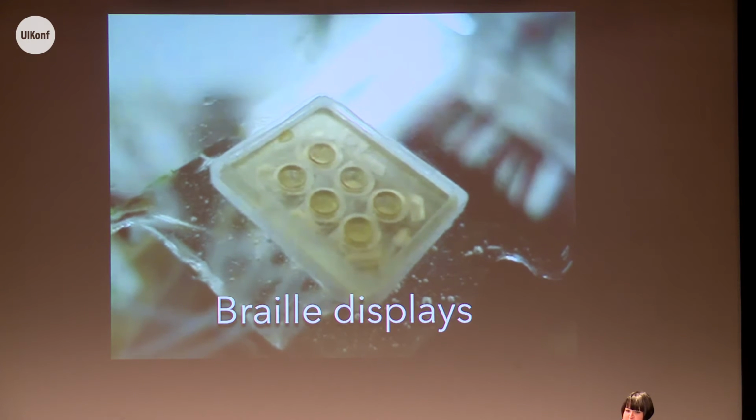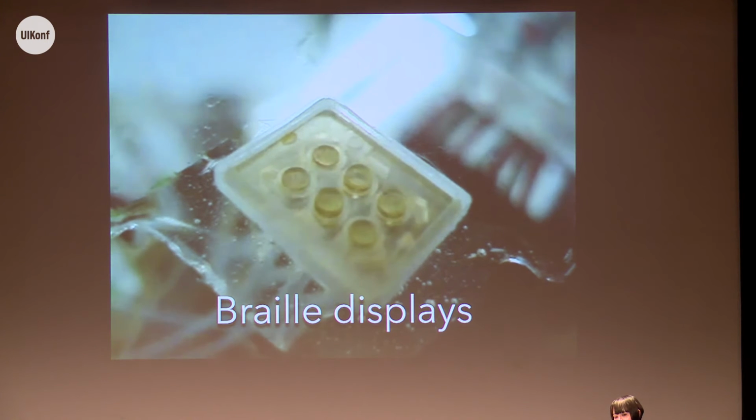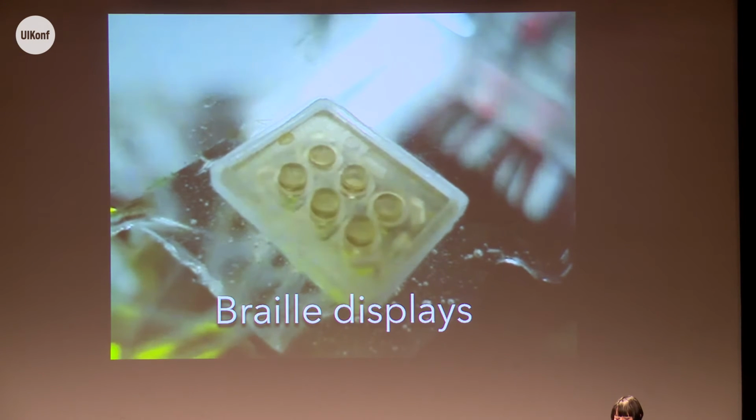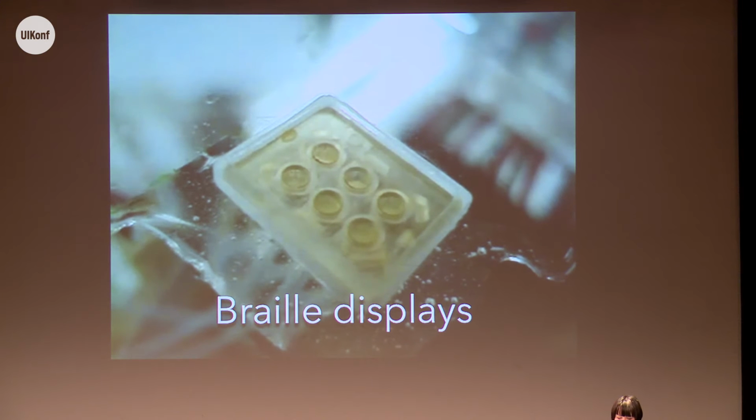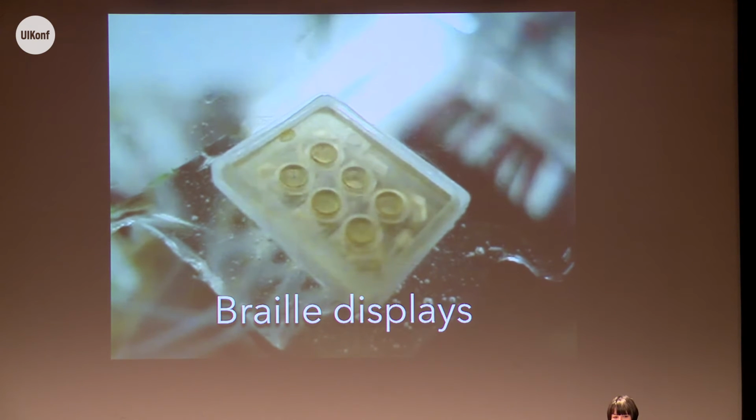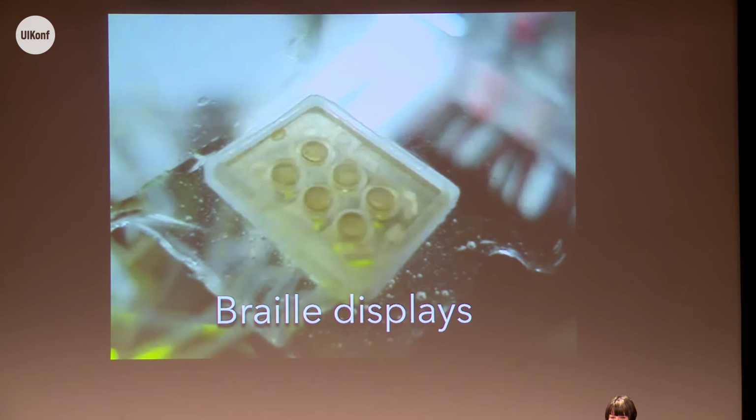Along with VoiceOver, people also use Braille displays. I don't know how many of you know about these, but they're very cool, and it's actually refreshable, dynamic Braille. So it takes the output of VoiceOver and actually makes the Braille letters.